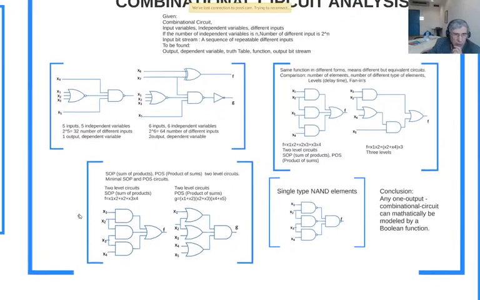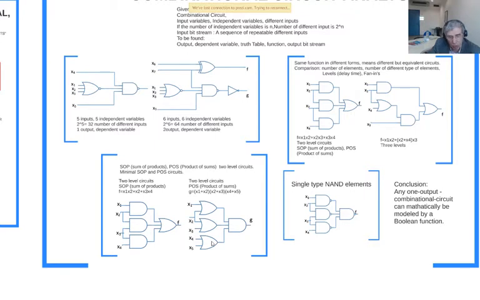This is just to give you an example saying that representing functions might be in different formats. For example, this one is sum of product form. This one is product of sum form, isn't it?